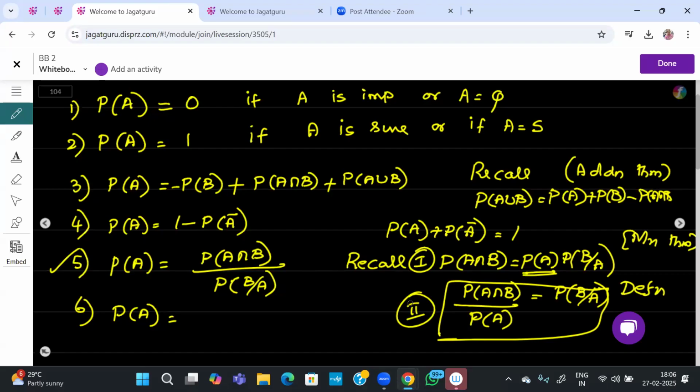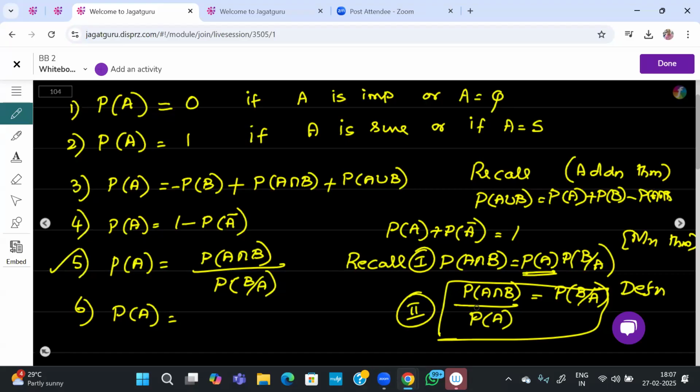But both these are the same thing. They are one and the same. One is known as the multiplication theorem, the other one is known as the definition of conditional probability. If we shuffle what is there in the second, we get the first. If we adjust the first, we get the definition of conditional probability. So they arise from one and the same concept. So P(A) can be got from any one of these.